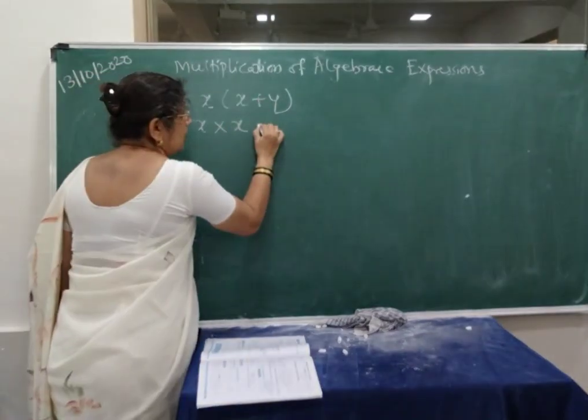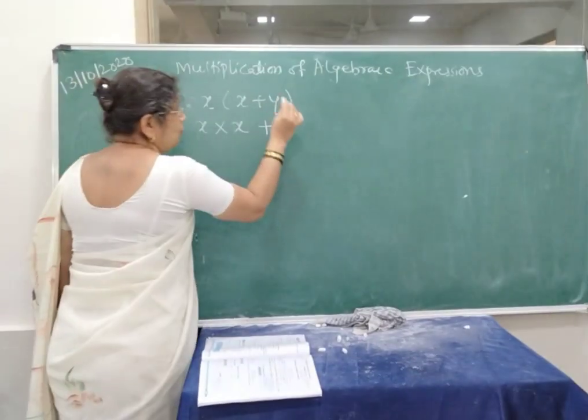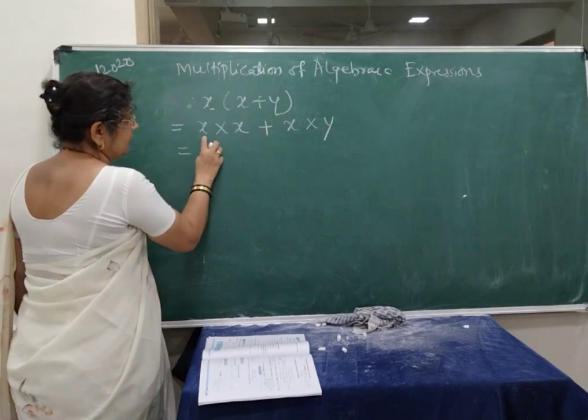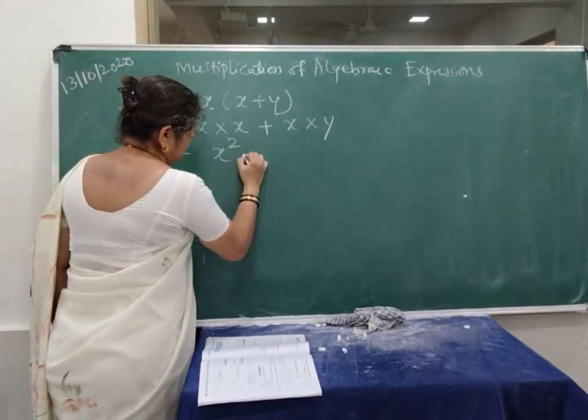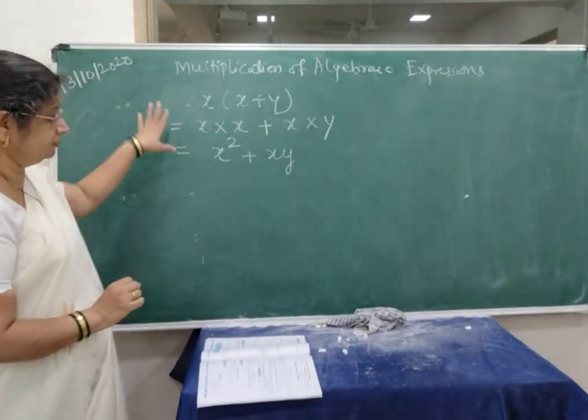Then I will write the plus sign as it is. Then I will multiply x into y. So my answer will be x into x is x square, plus xy. This is how you have to solve.